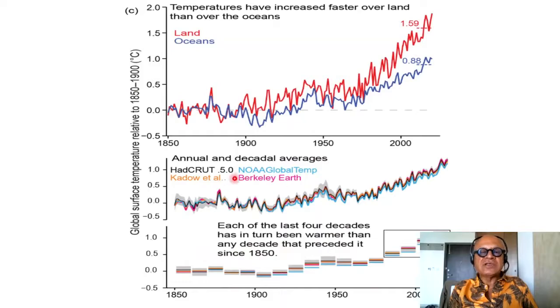And annual and decadal averages from different datasets show that they are remarkably in agreement. Even though there is debate about whether there was a flattening of the warming after 1998 for about a decade or so, what is clear is that each decade is warmer than the previous decade.